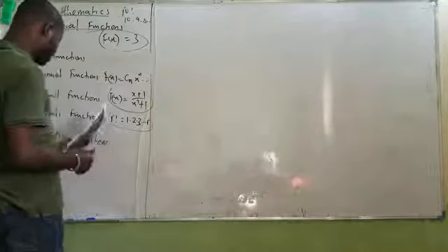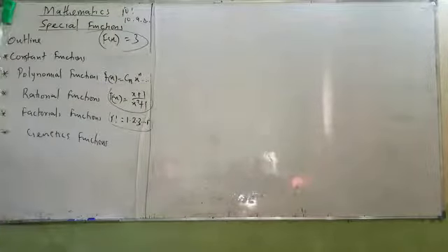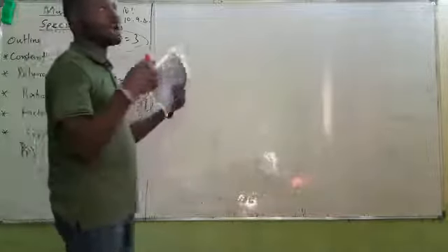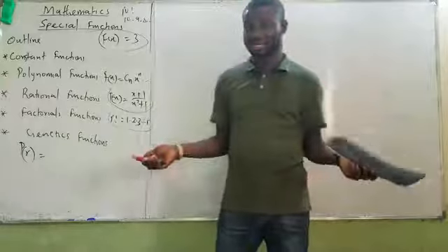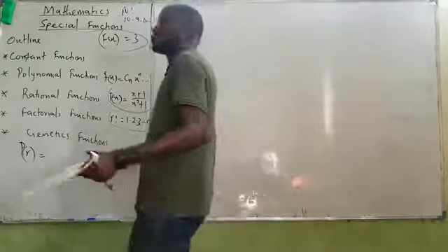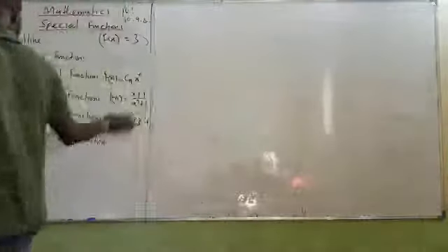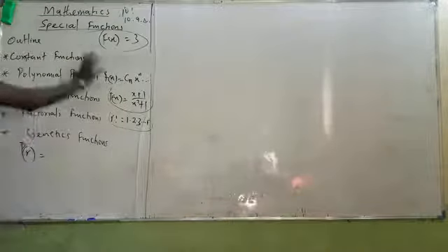And the last one is the combinatorics function. We said it can be P of r, which is a mixture of factorial and real numbers. That is the combinatorics function. By the end of this video, you will understand all this.